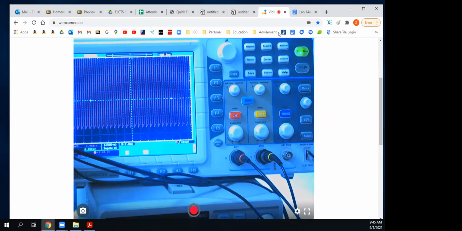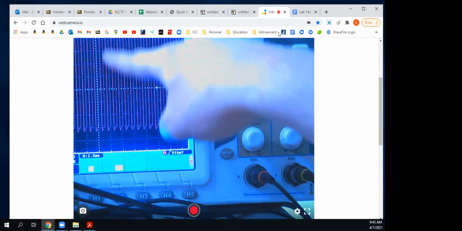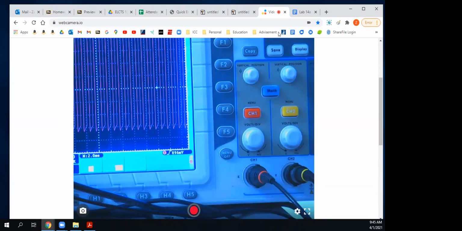Anyway, are y'all seeing the same thing I am or no? This weird looking square wave. What are you seeing, Kevin? Oh, you can't see it on there.